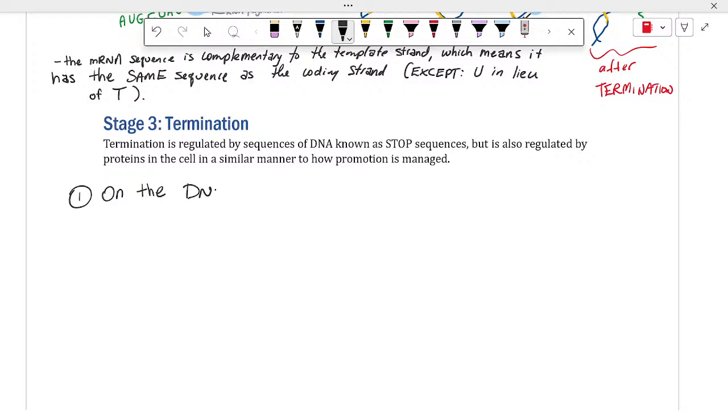On the DNA strand is a sequence of base pairs. And I'm going to use this abbreviation BP for base pairs because you're going to come across that a million times if you look up any bioinformatics.